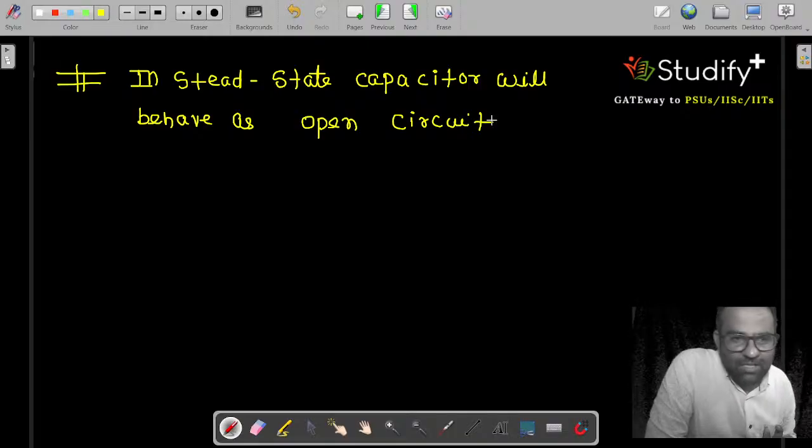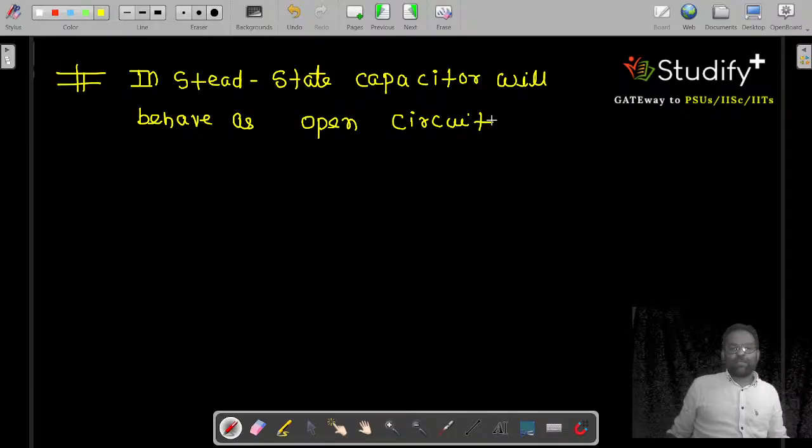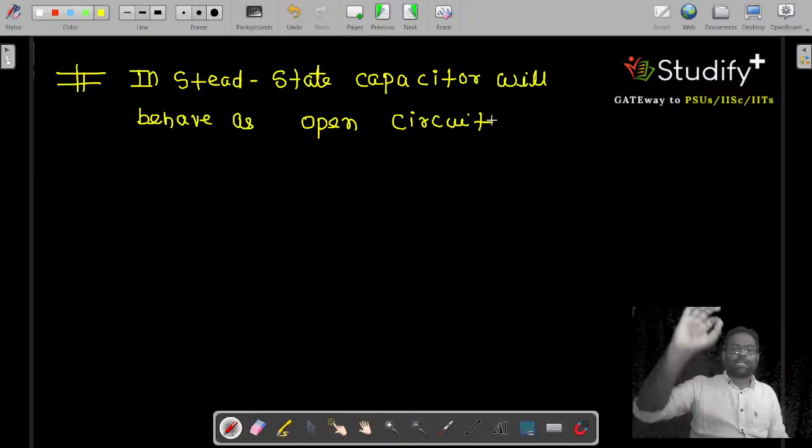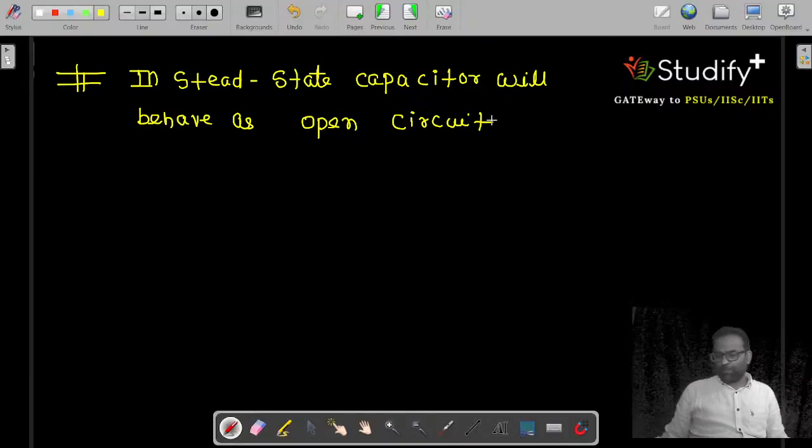Whether you are charging the capacitor or discharging the capacitor, we don't care about this fact, but the capacitor will behave as an open circuit in the steady state. This is a very important point.